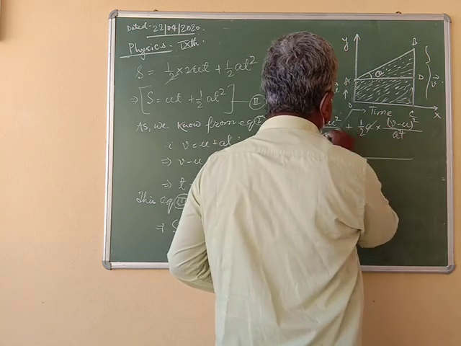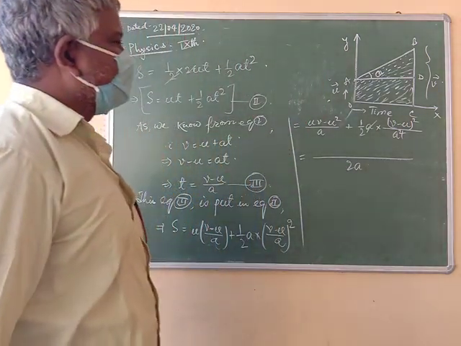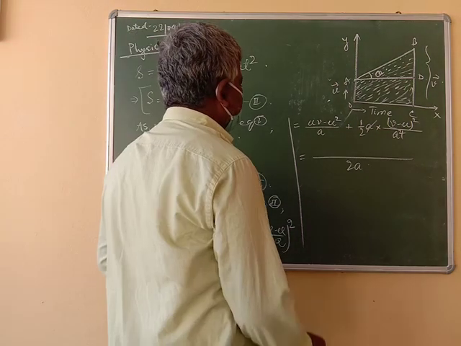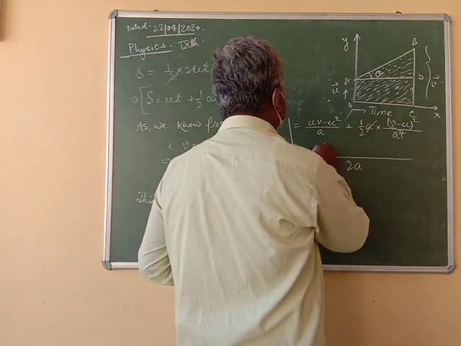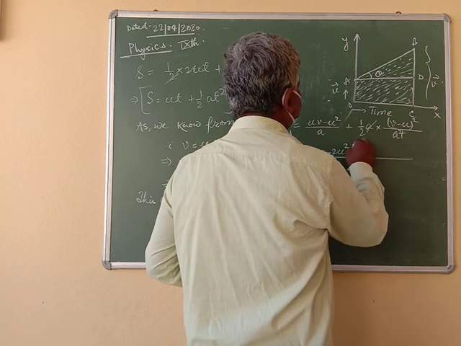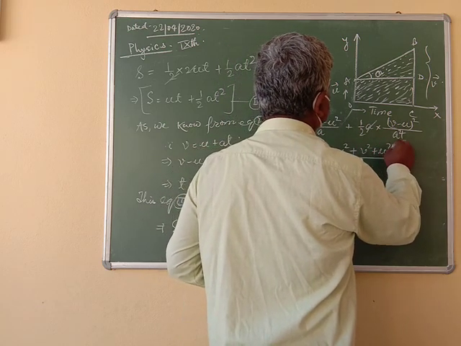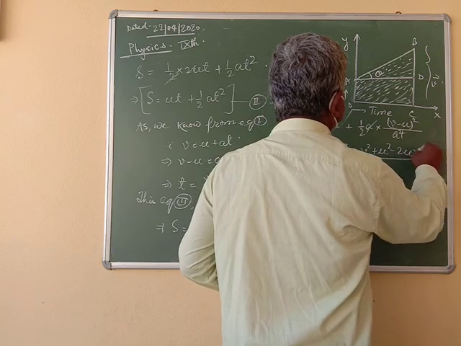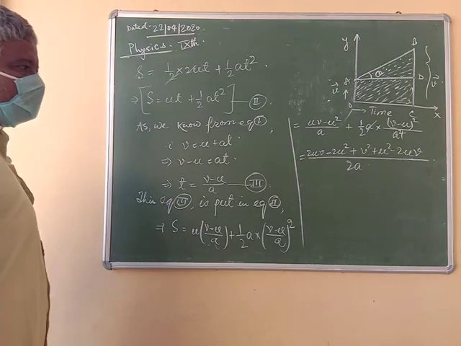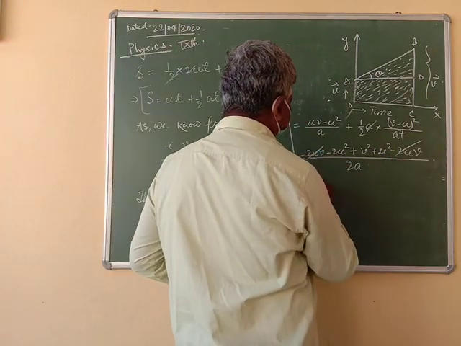Now you may put it here, 2a is the LCM. It can be written as 2uv minus 2u square plus v square plus u square minus 2uv, that is, a minus b whole square. Now this is plus, this is minus, cancel.